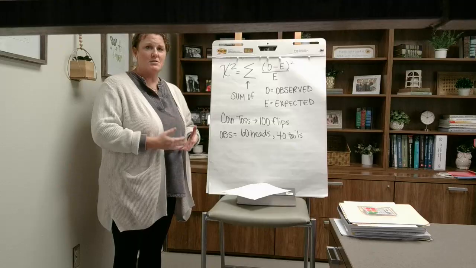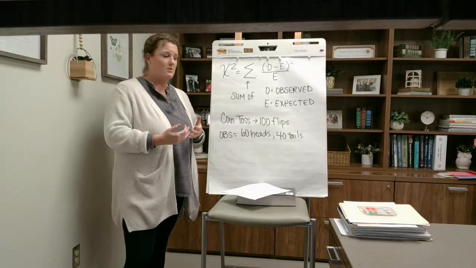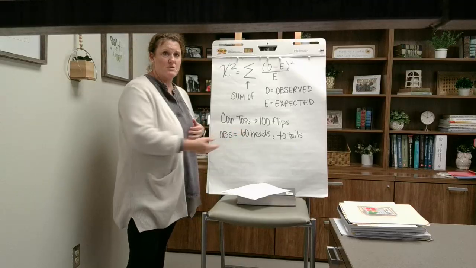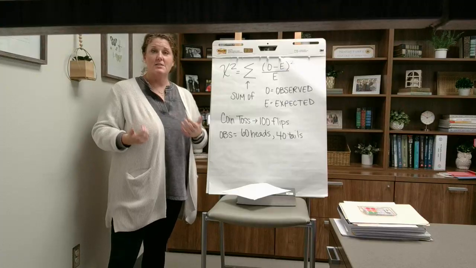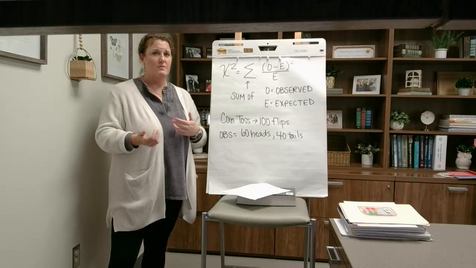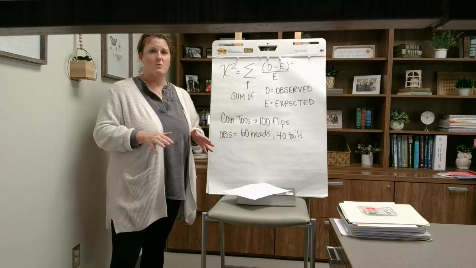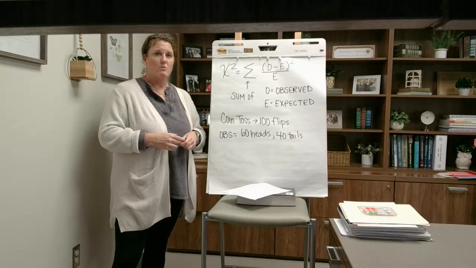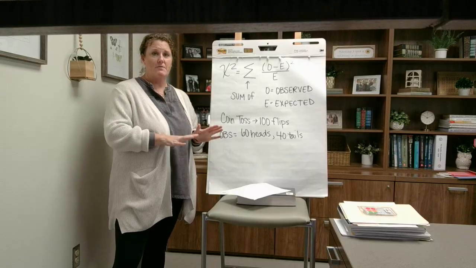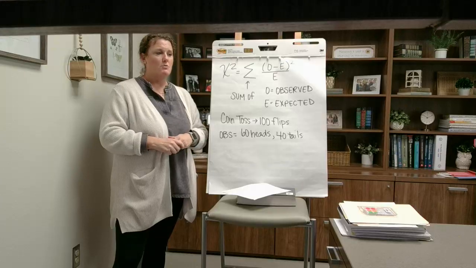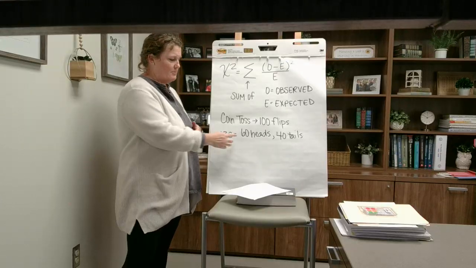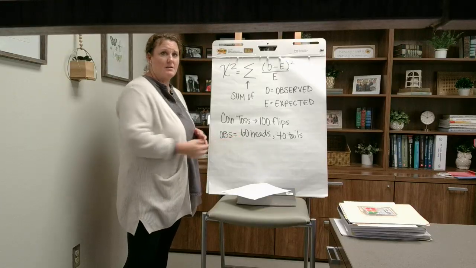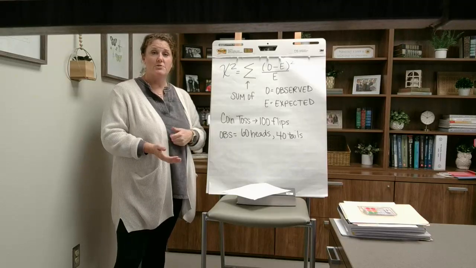Now, what the chi-square test does is it's literally going to compare these values to what I should have gotten statistically. If I had a 50-50 chance in a perfect world, if I flip that quarter 100 times, I should get 50 heads and 50 tails. So the chi-square test compares what I actually got, the 60-40, to what I should have gotten.